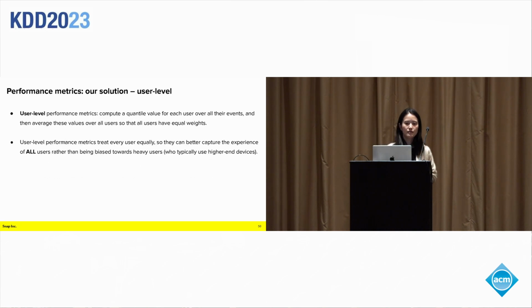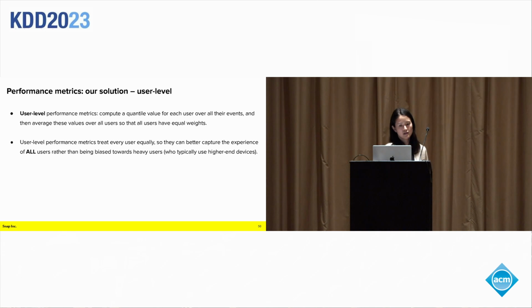So first of all, we mentioned before that when we measure performance metrics, we usually use the event level. But now let's see, what if we use user-level performance metrics? For a user-level performance metric, we first compute a quantile value for each user over all their events, and then average this value over all users so that all users have equal weights.